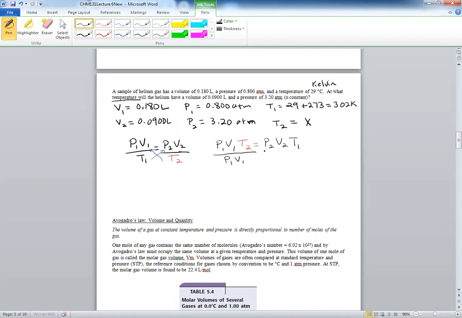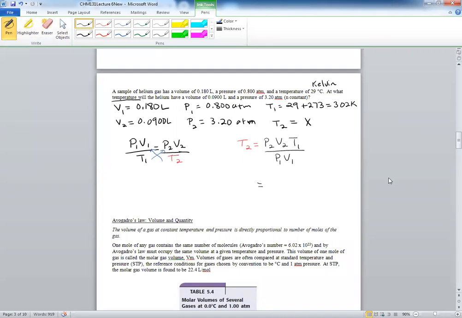Again, this is basic arithmetic calculations. So this side cancels out, so you're left with T2 equals P2 V2 T1 over P1 V1. So all you have to do now is plug in. We can erase this side since we canceled it out, and now we're left with this.